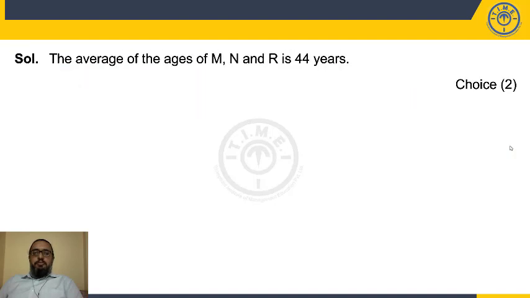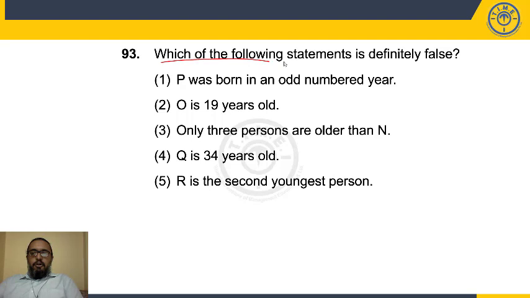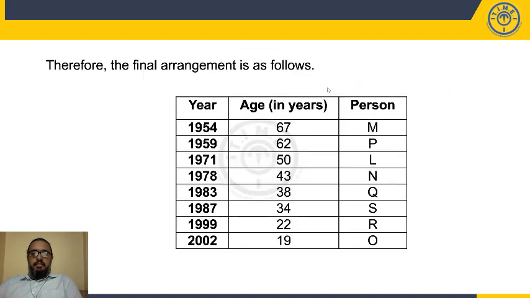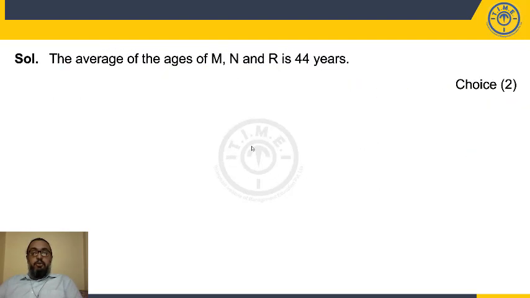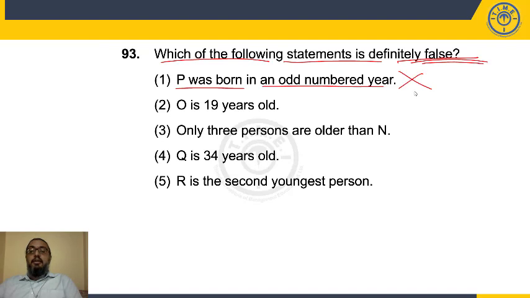Next, which of the following statements is definitely false? False information I will have to mark as my answer. Let us see. P was born in an odd numbered year. P was born in 1959. It's an odd numbered year only, so it's correct information. I cannot choose it. Then, O is 19 years old.